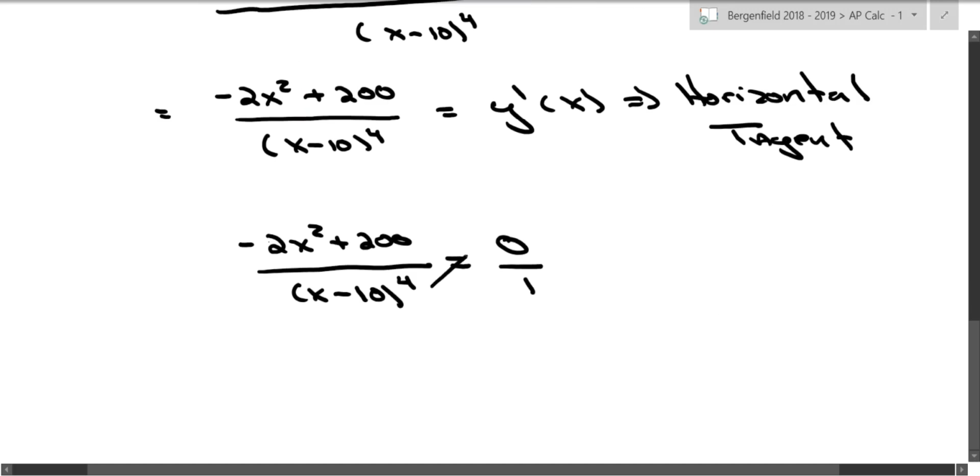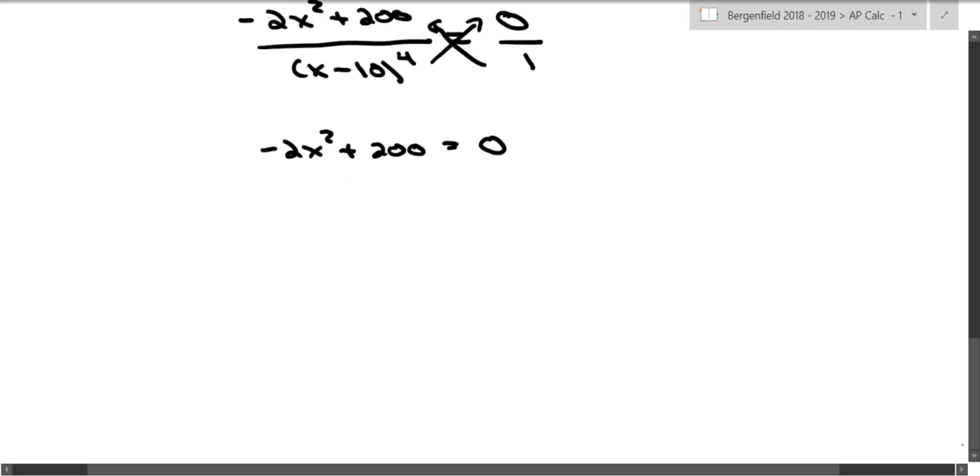So that means I can cross multiply across equal signs like this. So 1 times negative 2x squared plus 200 is negative 2x squared plus 200. And the neat part about the denominator is it just cancels out, and that turns out to be 0, because anything times 0 is 0. Then I get negative 2x squared is equal to negative 200. I get x squared is equal to 100, and then here we can see that x is equal to plus or minus 10.